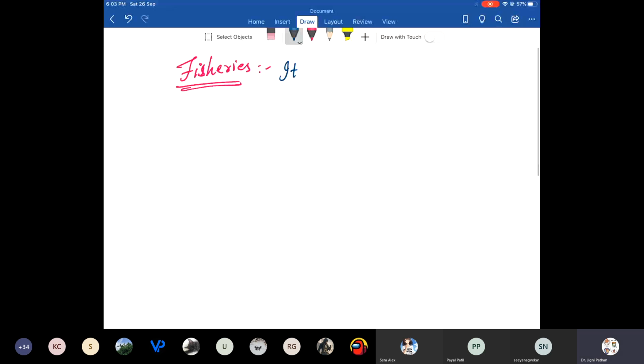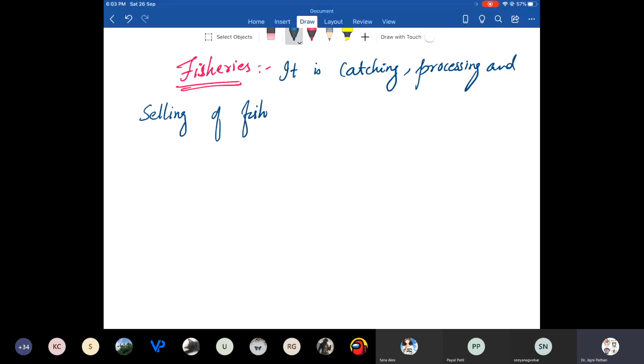It is catching, processing, and selling of fish and other aquatic animals. Anything, such as prawns, crab, lobster, anything which is an aquatic animal, that is called fisheries.